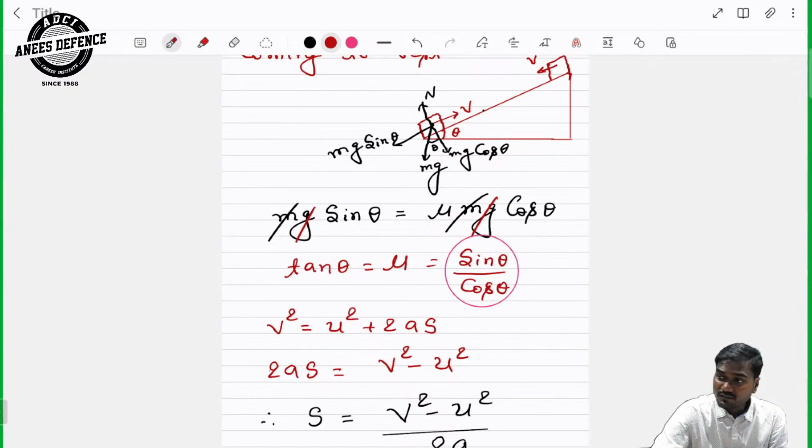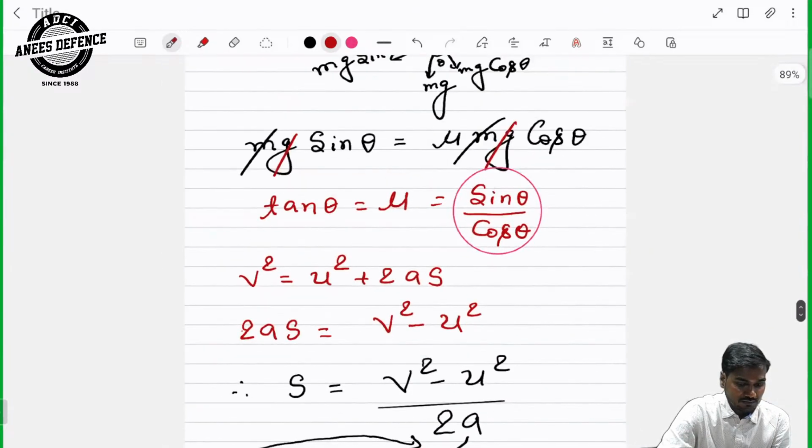The mass is less than or equal to how many? Done.